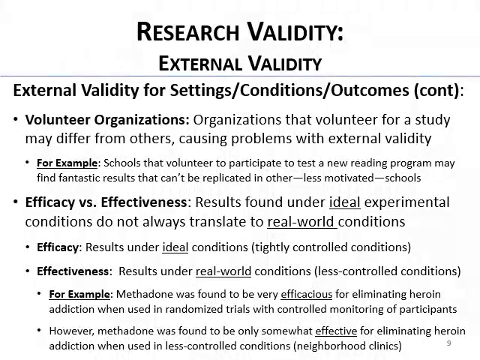So it had high efficacy and less effectiveness, and they pulled back and now make people come in and take their pills and things like that to try to get closer to those experimental or efficacy results. Anyway, that's the difference between efficacy and effectiveness.